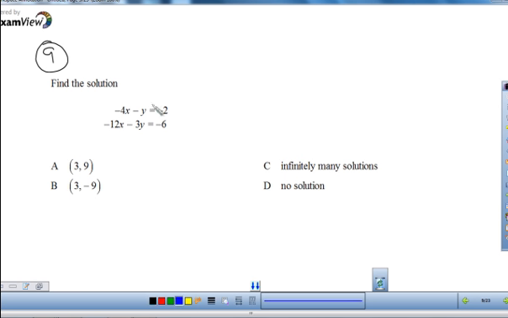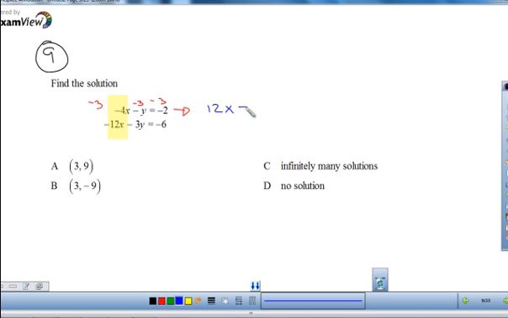Find the solution. So once again, notice that my equal signs line up. So I am going to get rid of the x's. To do that, I need to multiply the top equation by negative 3. So negative 3 times 4 is positive 12x.